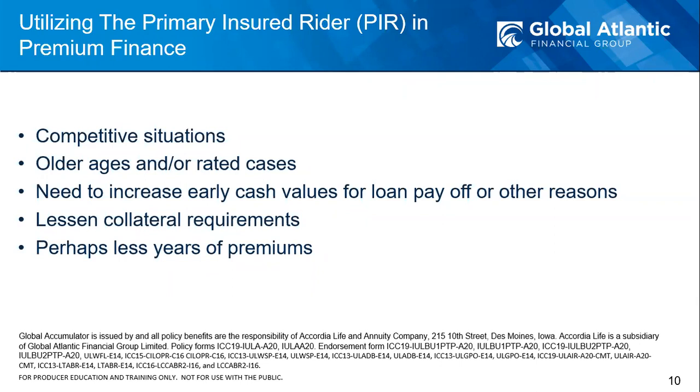Another reason that you might utilize a term blend or the primary insurance rider is older ages and/or rated cases. As Keaton alluded to, when you really get above the age of 60, sometimes premium finance, the numbers just don't work out as well. The cost of insurance, the internal policy fees are higher. You typically have less time for the policy to accumulate cash.